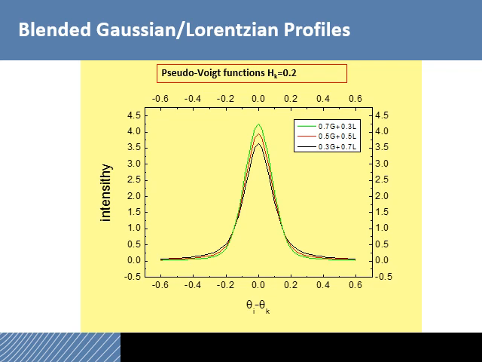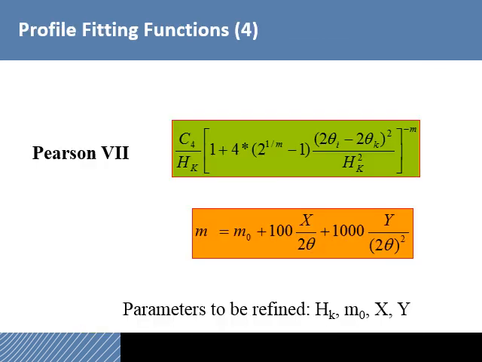So in the case of the green plot, you can see it's primarily Gaussian, and the tails cut off rather quickly. Whereas in the black plot, where you're 0.3 or 30% Gaussian and 70% Lorentzian, the tails approach the asymptote a lot more slowly. So that's sort of the difference in how the pseudo-Voigt function would apply.